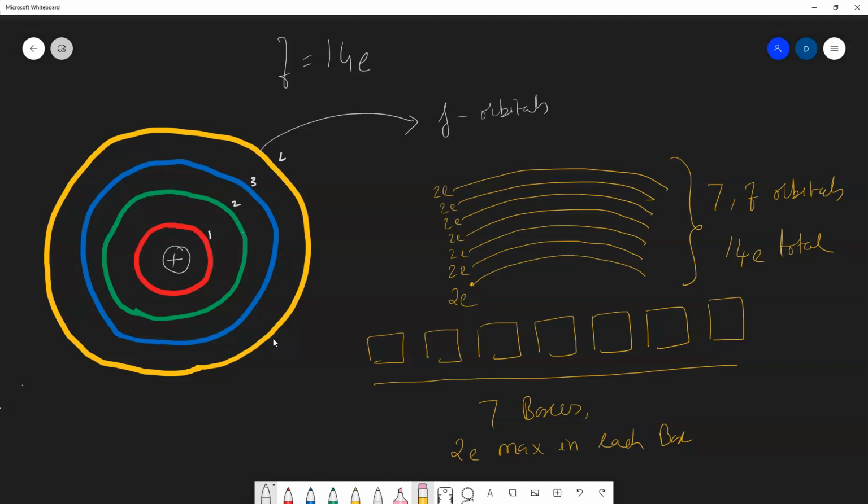There are 7 f orbitals, and the f orbital is present only in shell number 4 onwards, shell 4, 5, 6, 7, and so on. In some books, you can see 7 squares, and each square is a single orbital, and a single orbital can have a maximum of 2 electrons.